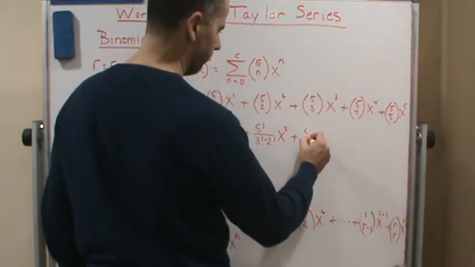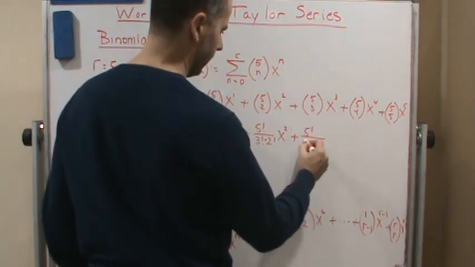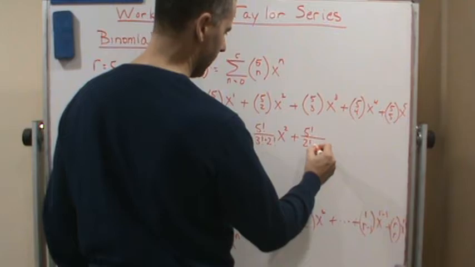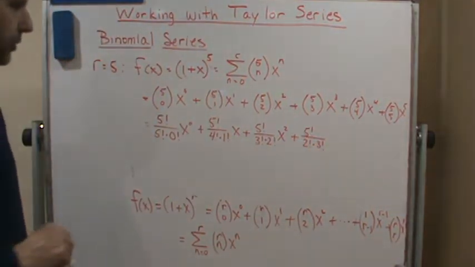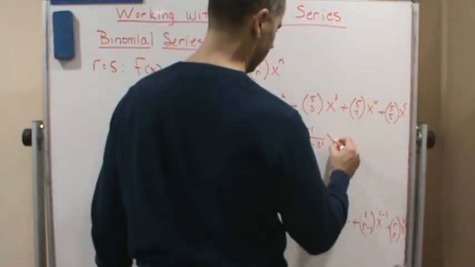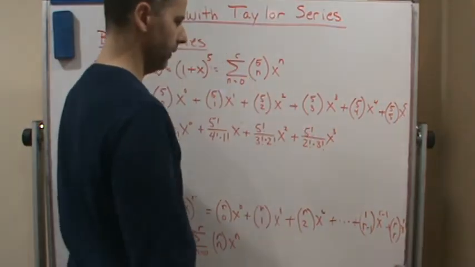And then this is going to be 5 factorial divided by 2 factorial times 3 factorial. Interesting. x cubed.